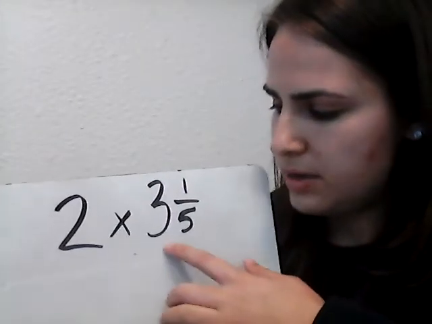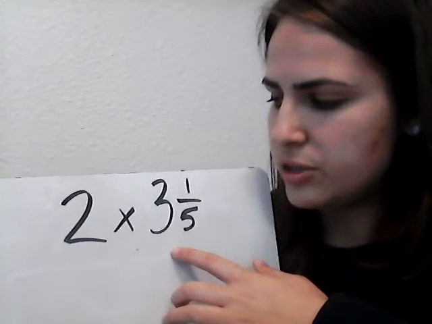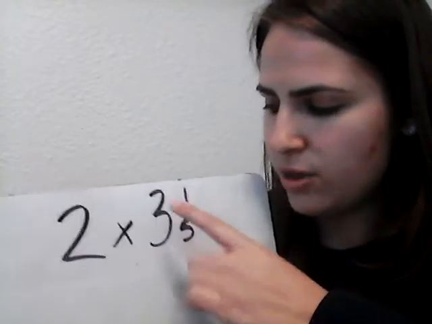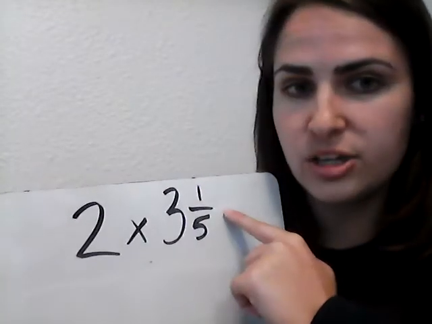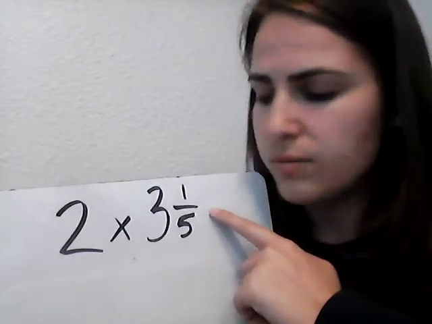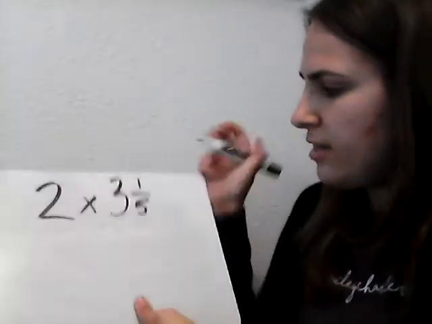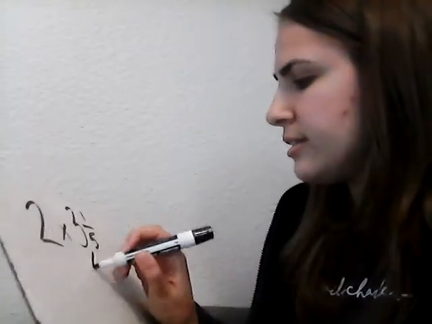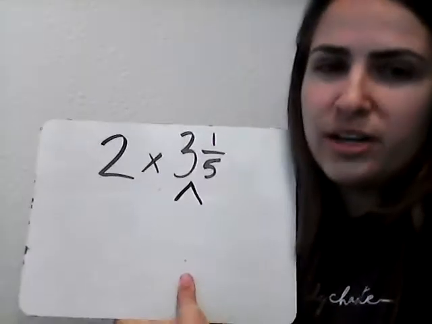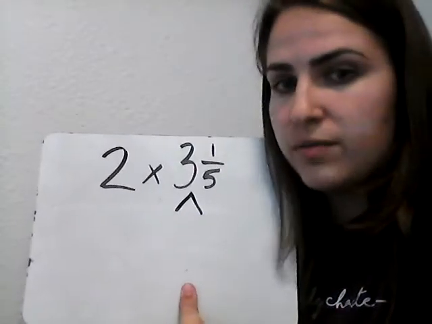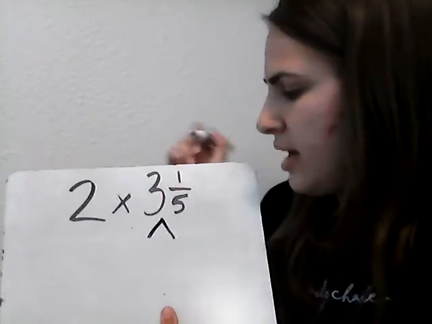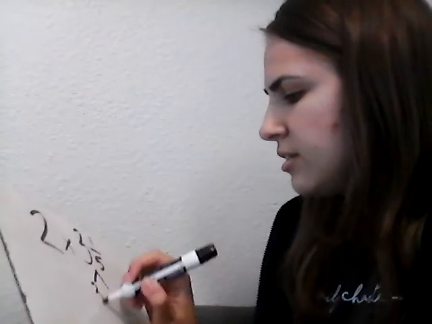So 2 times 3 1/5, it's difficult to multiply the whole thing by 2. So what we can do is split 3 1/5 into its parts. We know that there are 2 different units in 3 1/5. We have 3 ones and we have 1/5.